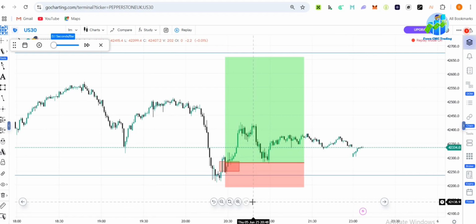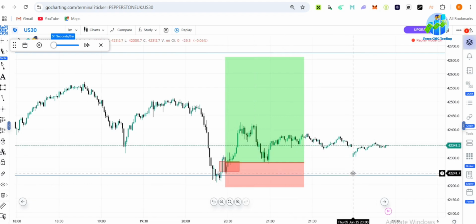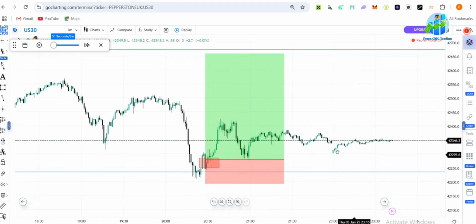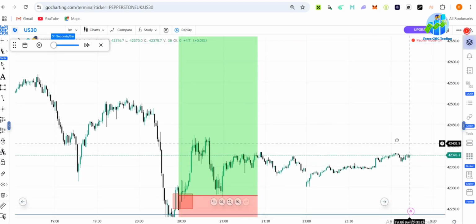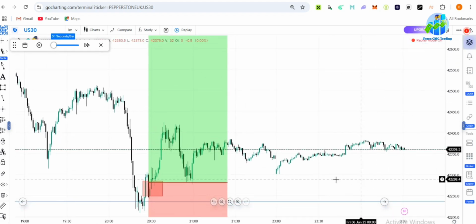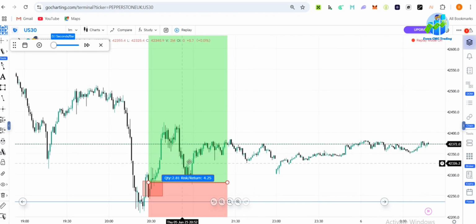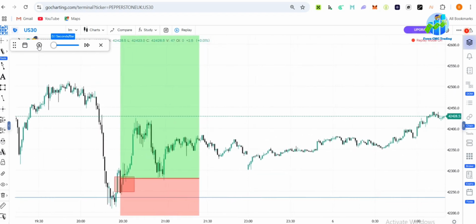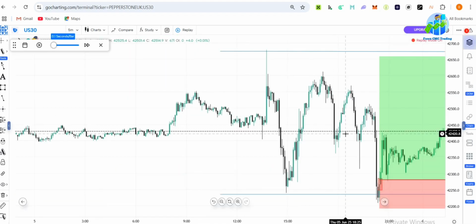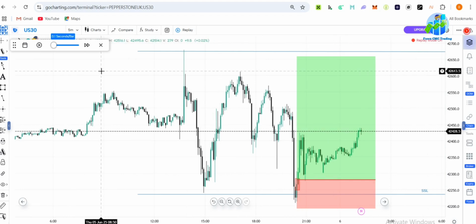Watch what price did. It consolidated for a while. That's why you have to be patient. Consolidated and consolidated and consolidated. Let me just increase the time frame so that we save time. Let me just go to 5 minutes, so it goes a bit faster.